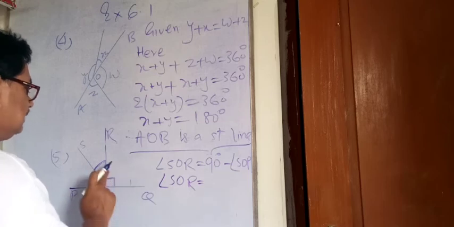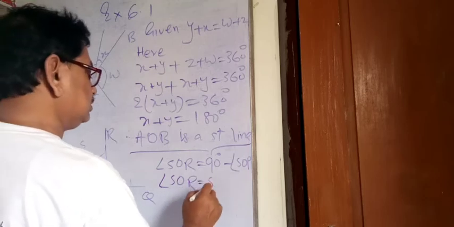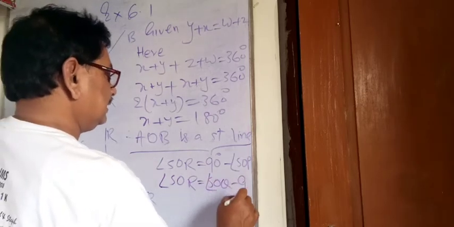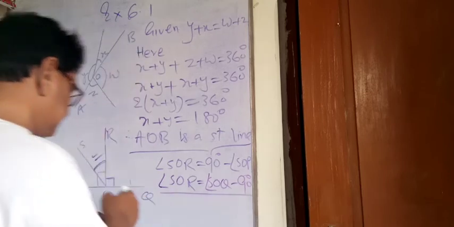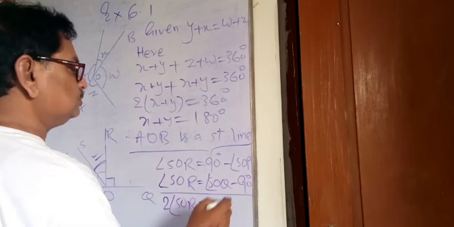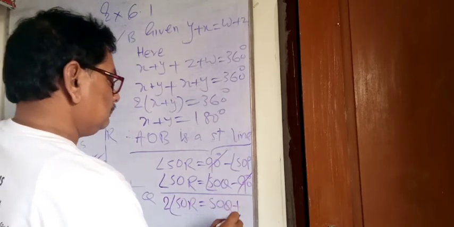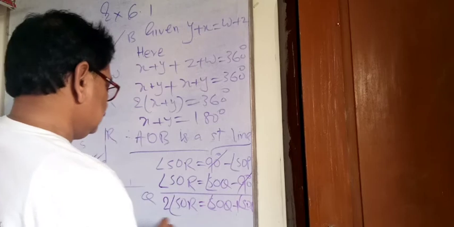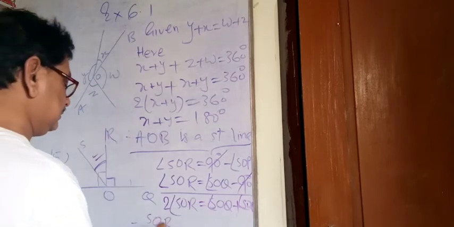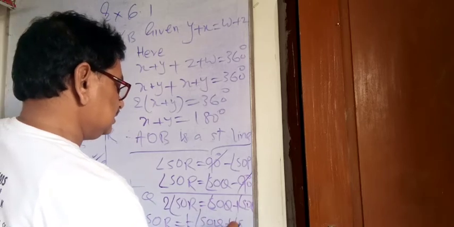This complete angle minus this angle will give SOR. So SOQ minus 90 degree. If we add these two values, we will get 2 angle SOR equal to, see, plus and minus 90 will be cancelled out, SOQ minus SOP. So therefore SOR will be equal to half of SOQ minus SOP. That's all. It was to be shown by ourselves.